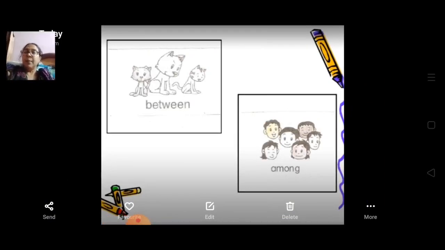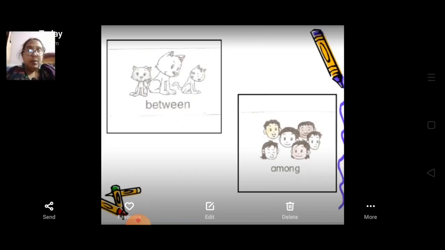The difference between among and between, many children get confused in it because it has a slightly different type of meaning. Among is talking about being surrounded by many people, just talking about the group, among all. If I give you an example, distribute these packets of toffee among all. It means you have to distribute these toffees among all.